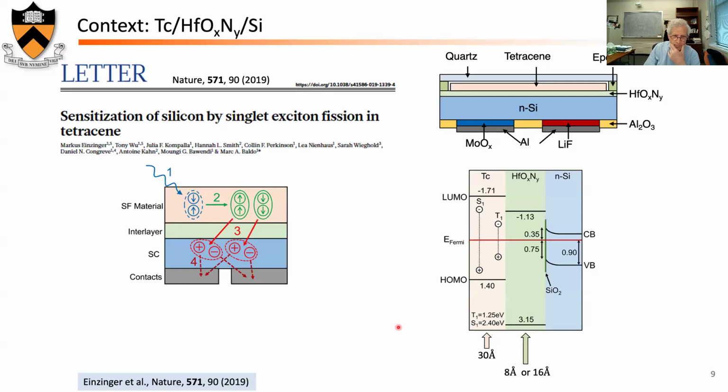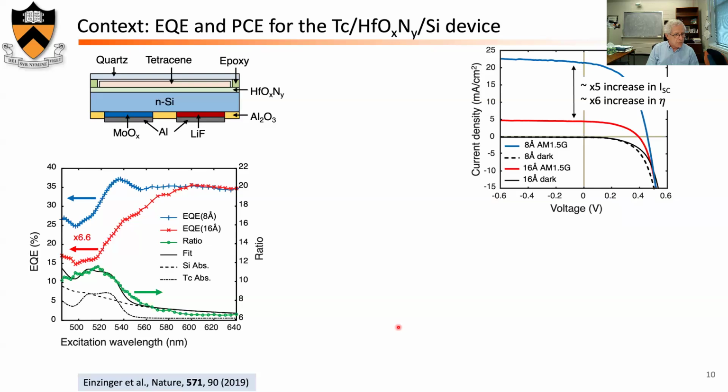So they did quite a bit of electrical measurements on it, and in particular external quantum efficiency. And I just want to show this one here. This is external quantum efficiency for this device with, in blue, an 8 angstrom thick oxide, in red a 16 angstrom oxide, and note that the red curve is multiplied by 6.6 or so.